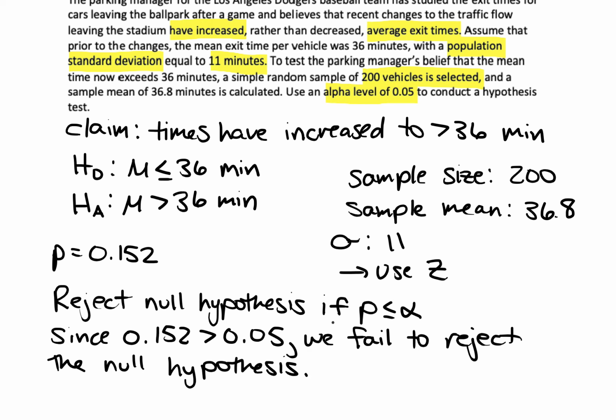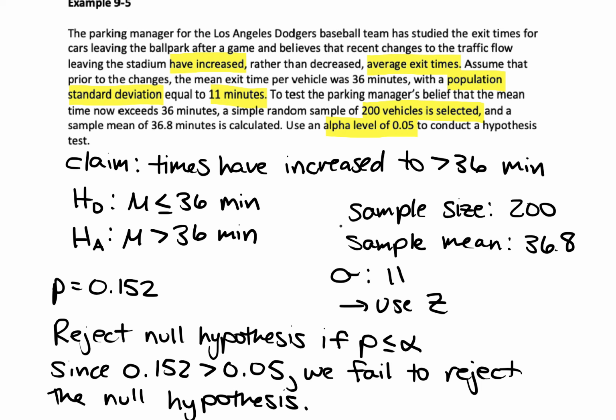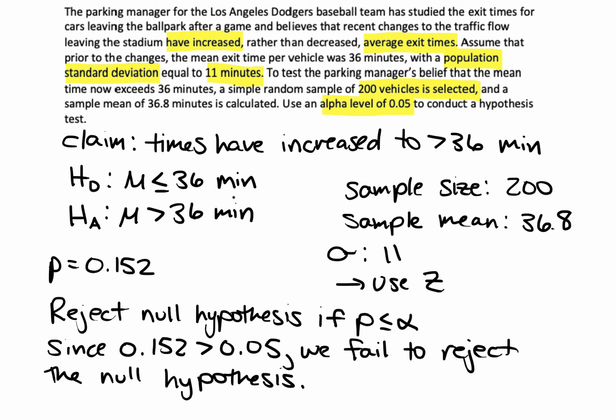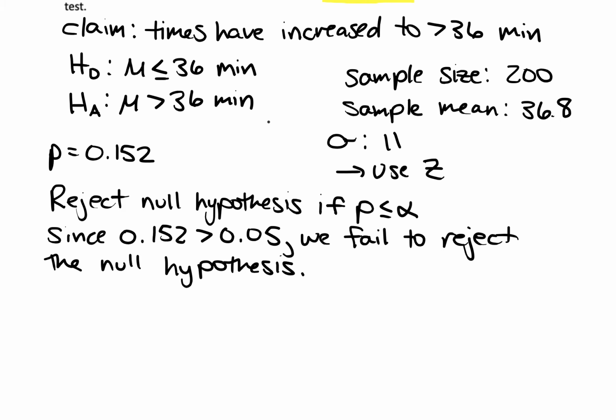So, what does that tell us about our situation here with the parking lot? Well, since our null hypothesis is that the exit times are not greater than 36 minutes, that tells us that the parking manager does not have enough evidence to say that the times have increased from 36 minutes.